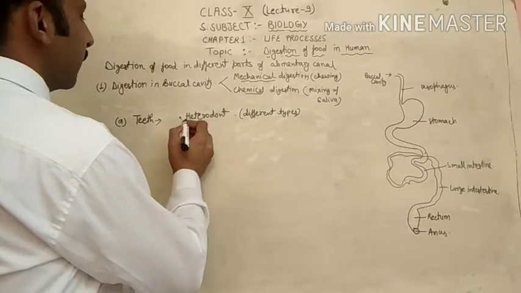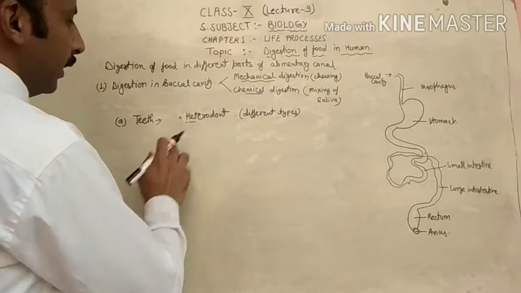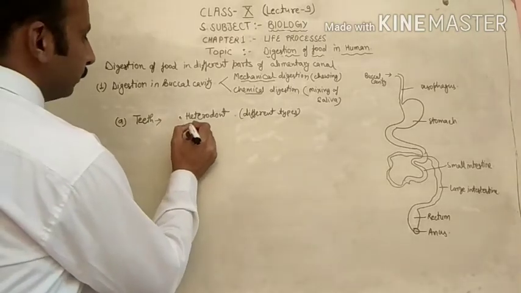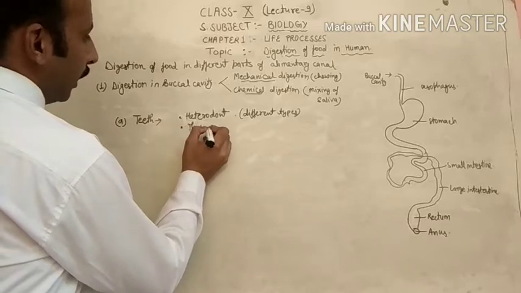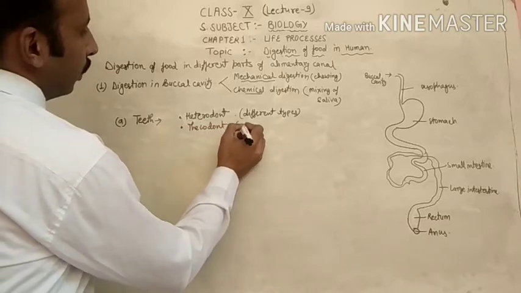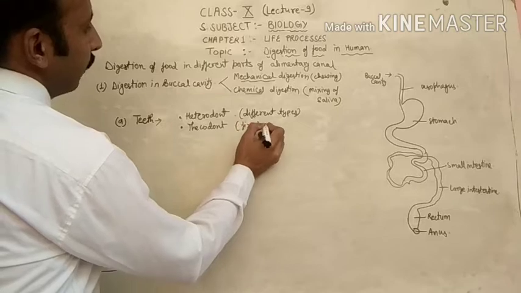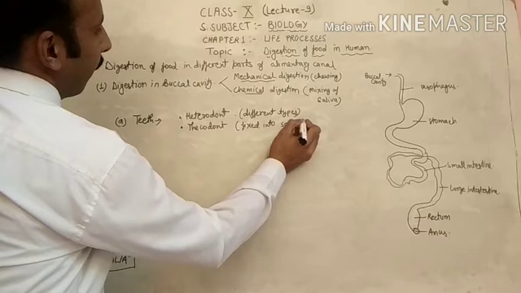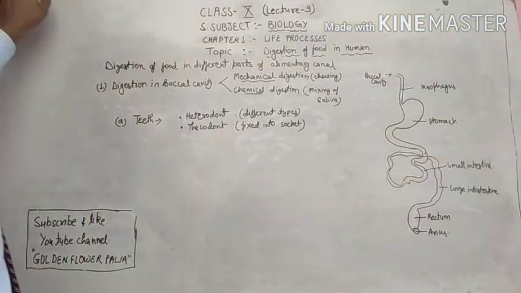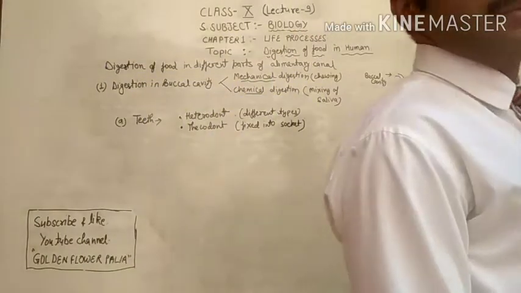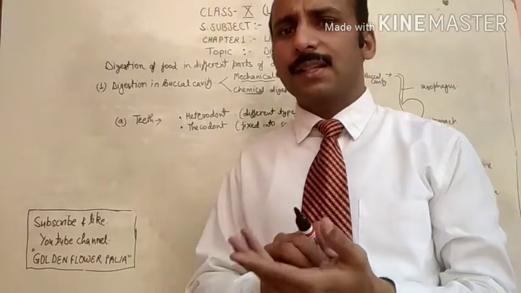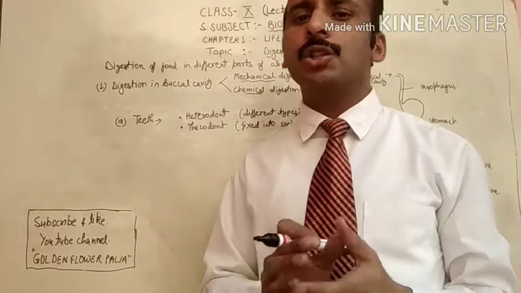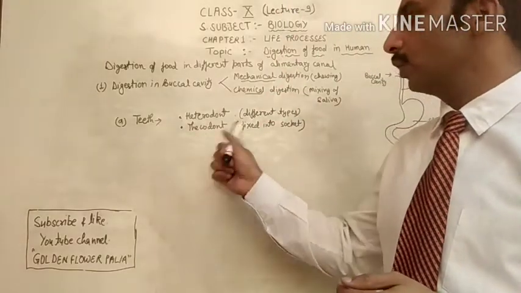Second one is thecodont. Thecodont means fixed into sockets, meaning the teeth of human beings are fixed into the gums. That condition of the teeth is called thecodont.